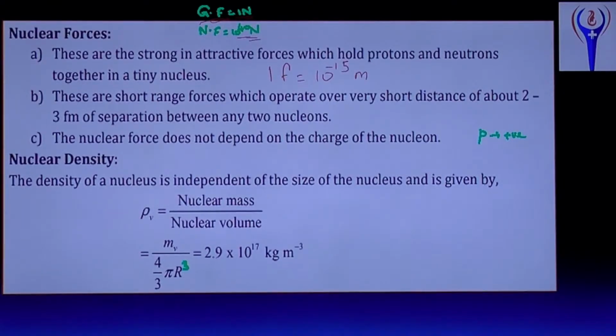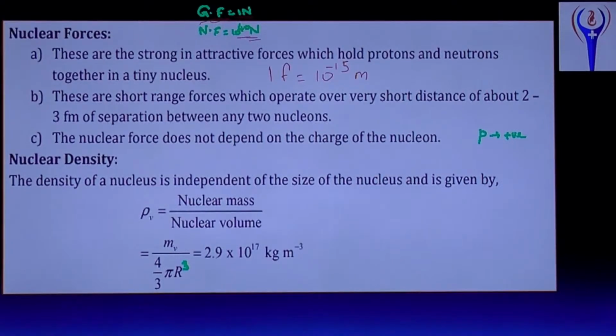Just now we discussed. These short range forces are applicable only within 2 to 3 Fermi or femtometer between any 2 nucleons. Suppose 2 nucleons are at a distance of 2 to 3 Fermi, then only nuclear force will be there. Otherwise, no force.